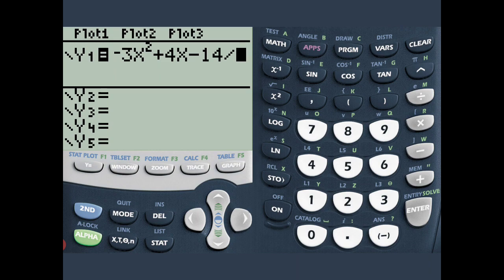So don't just press divide by 2, because then that would only be dividing 2 into 14. We need to go to the front of the equation, and I'm going to press second delete to insert the parentheses there. And if you do that, you won't have to retype everything.